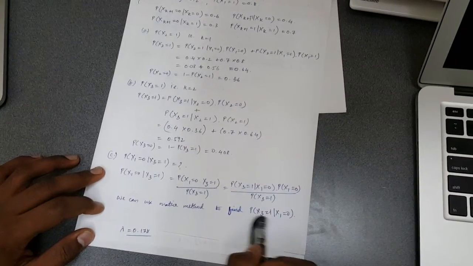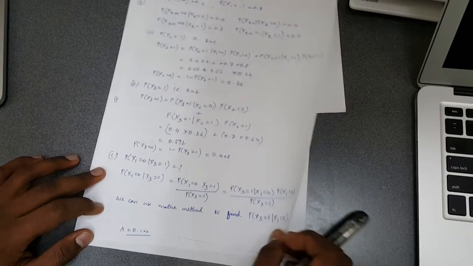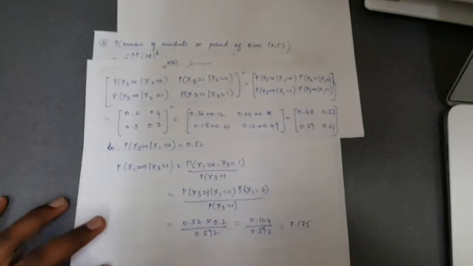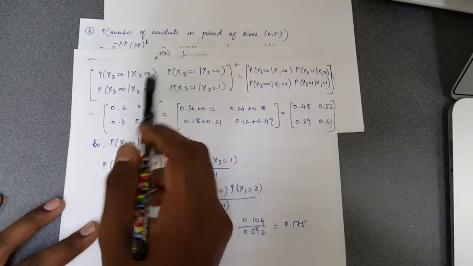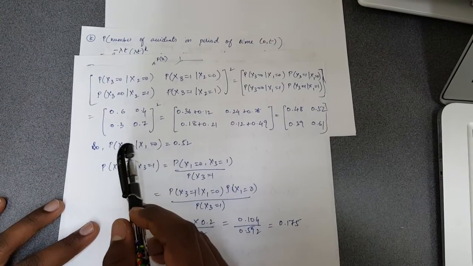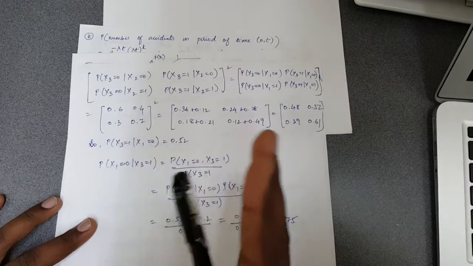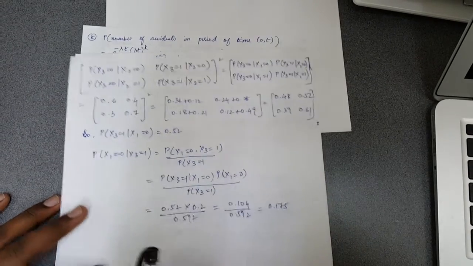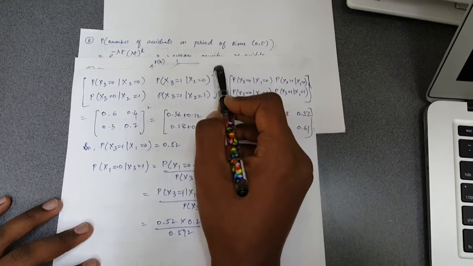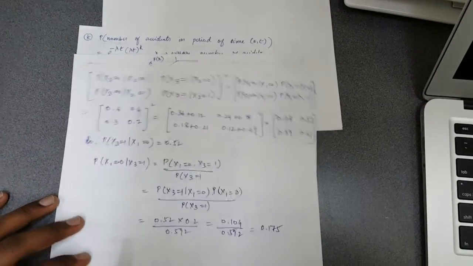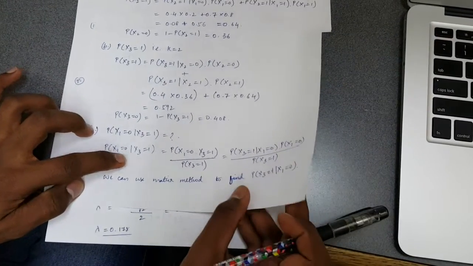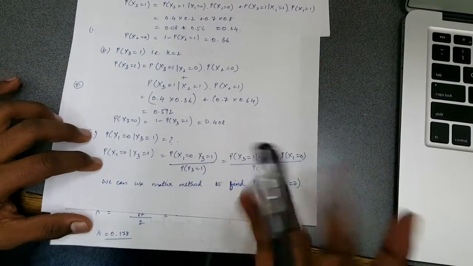And now to find p of x3 equal to 1 given x1 equal to 0, we can use the matrix method. So to find the general form of p of xk plus 1 given p of x1, we can use this matrix method where the power is k plus 1 minus 1, that is nothing but k.